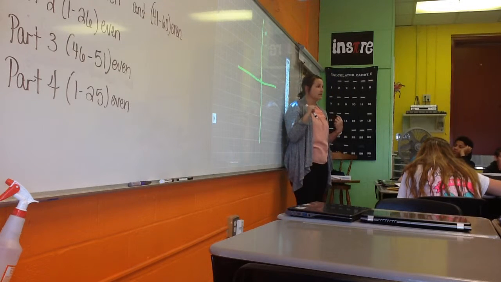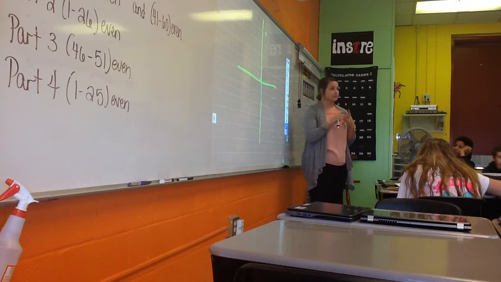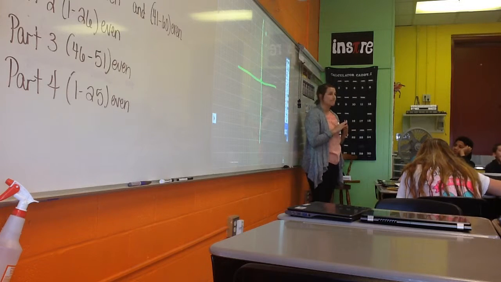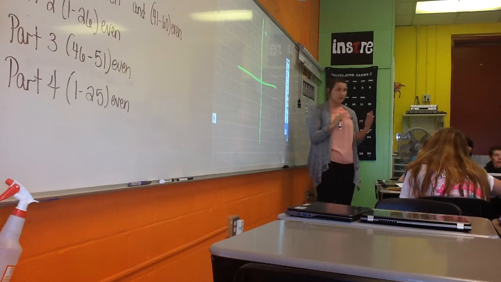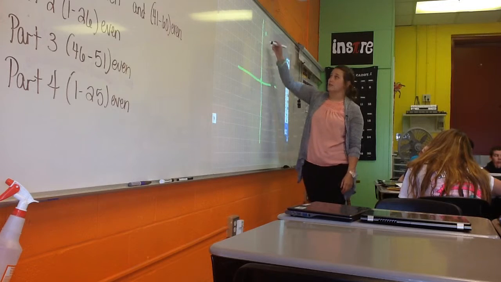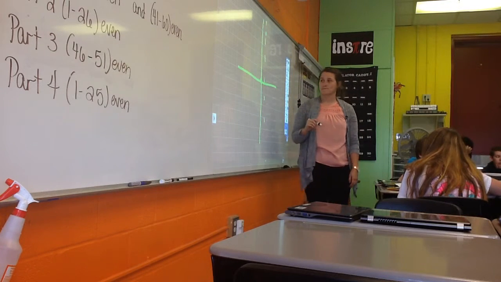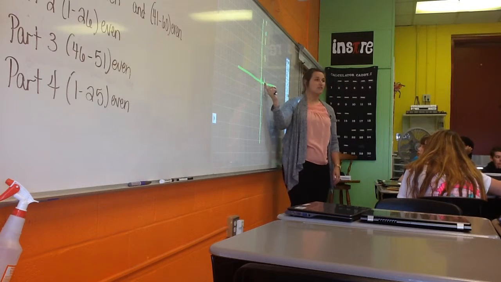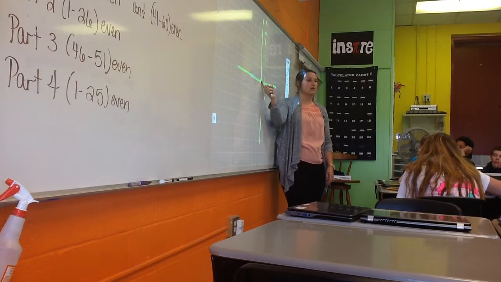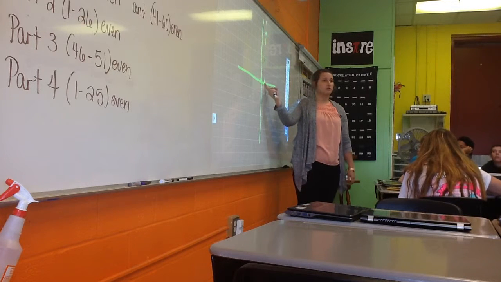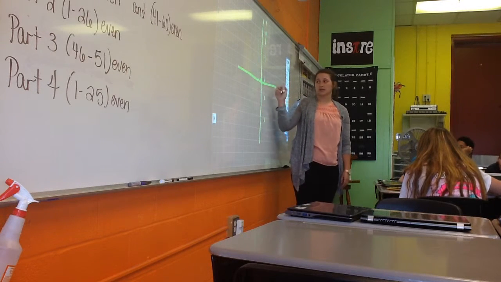The vertex. What else do I know? X equals 2, which is the axis of symmetry. Okay, so I can draw that line. If I go from the axis of symmetry to this point, I go over how many? 2. So I need to go this way.